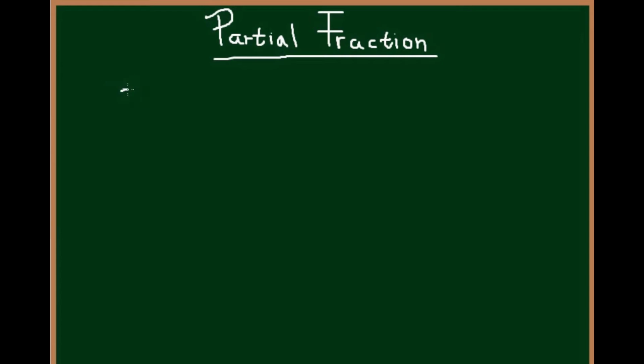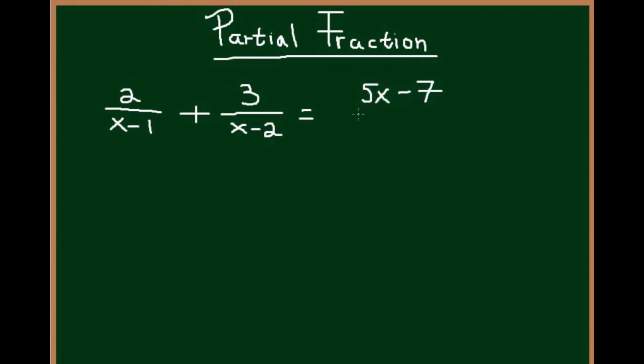For instance, 2 over x minus 1 plus 3 over x minus 2 equals 5x minus 7 over x squared minus 3x plus 2.